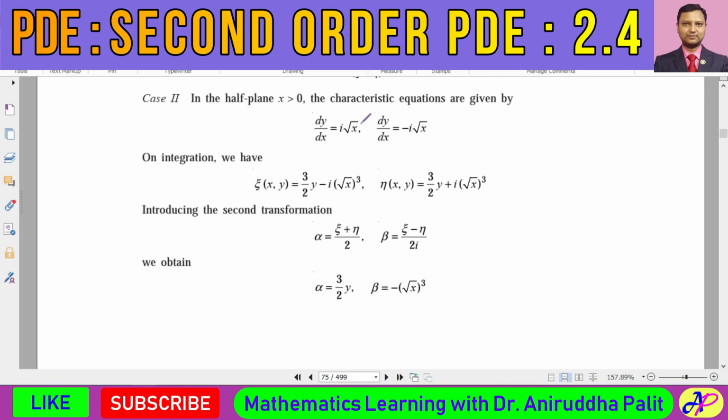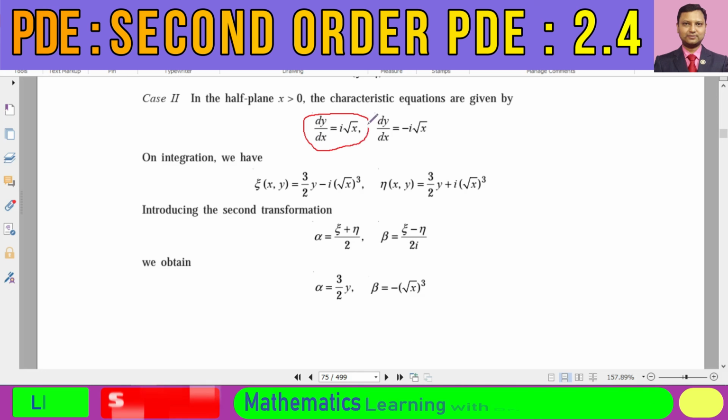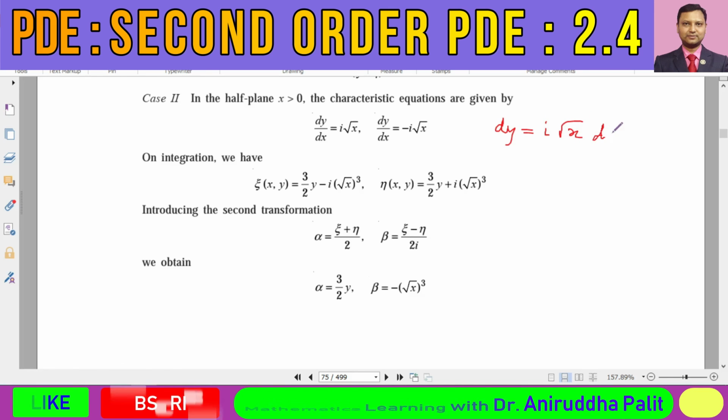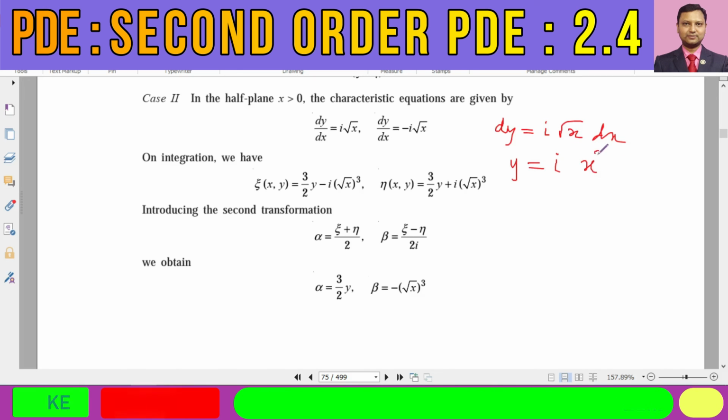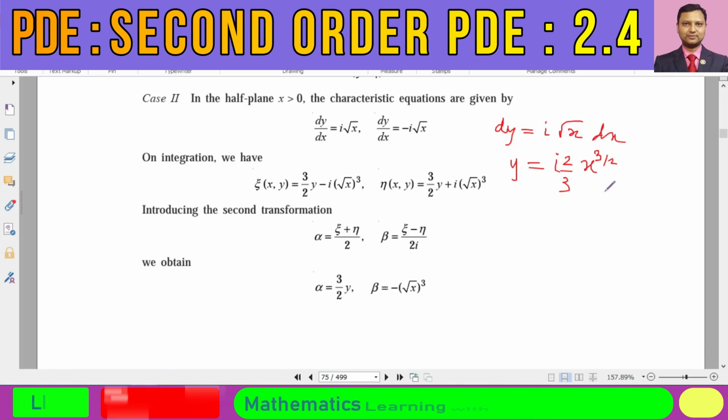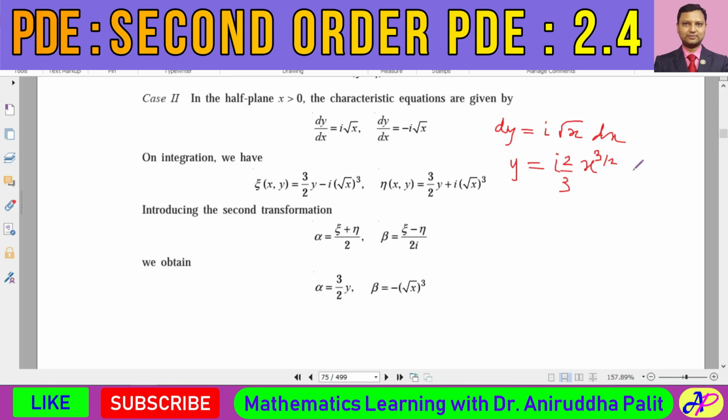If we integrate this first expression dy dx, we actually have dy is equal to i into root over of x dx. So if we integrate it, we will get y is equal to i into x to the power of 3 by 2, over here we will have 2 by 3, plus 0 or plus some constant c.